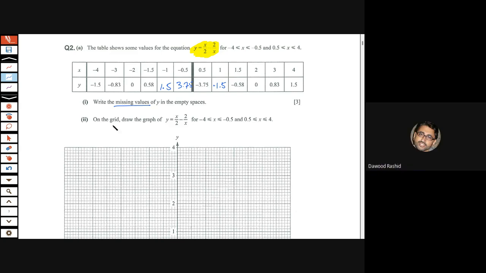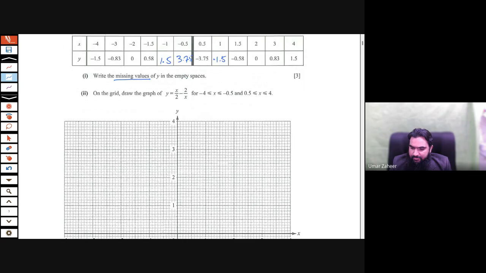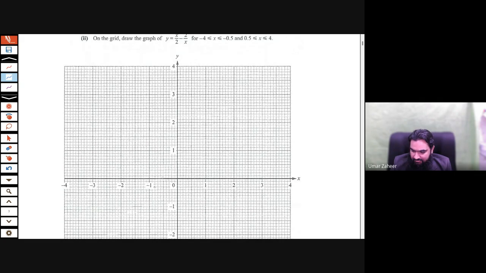Next, on the grid, draw the graph, and the grid is already given. So the first point is -4, -1.5. You need to use the scale to find the exact place.